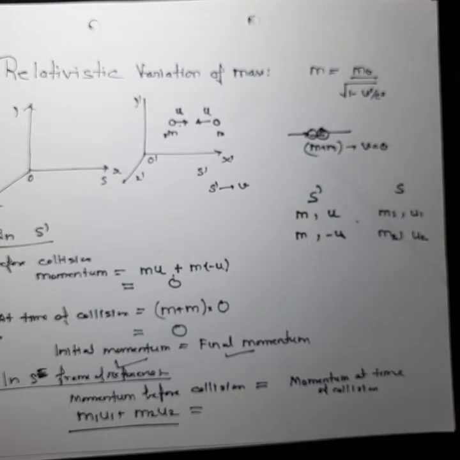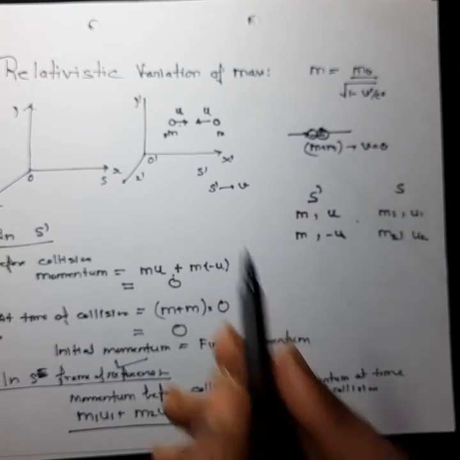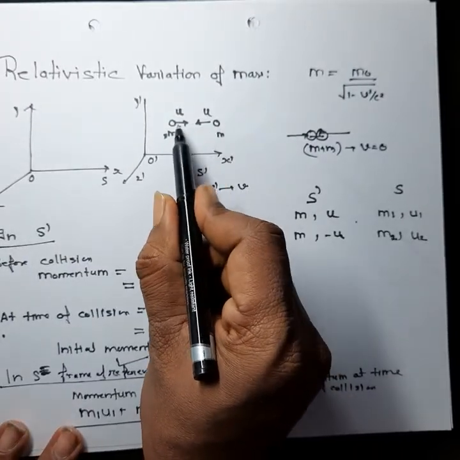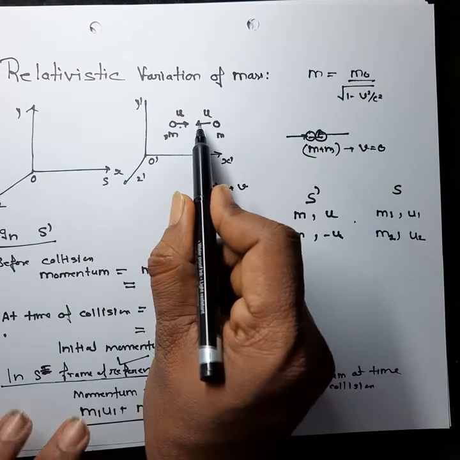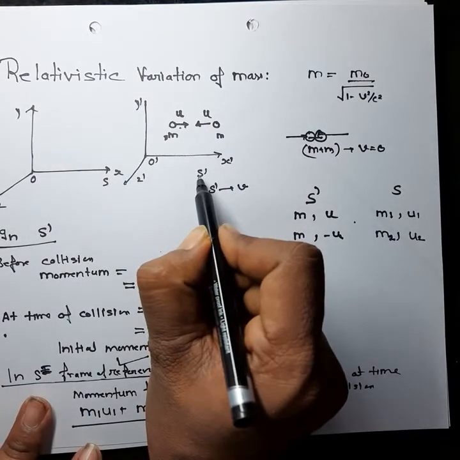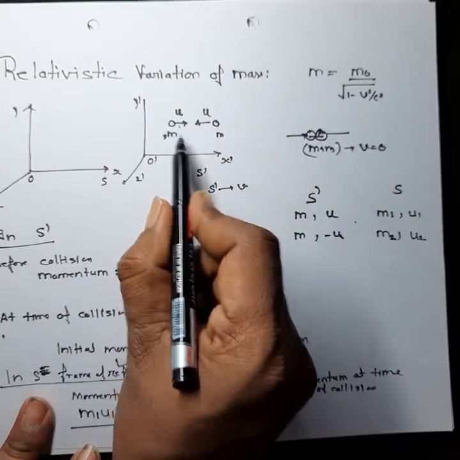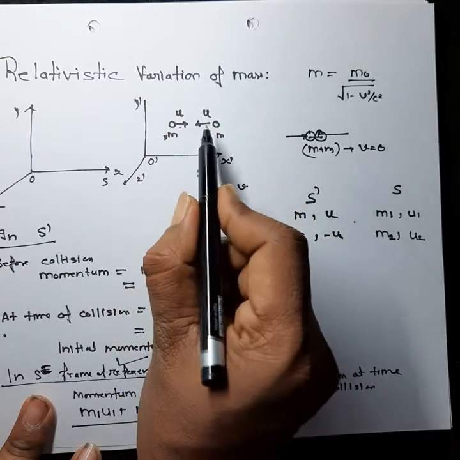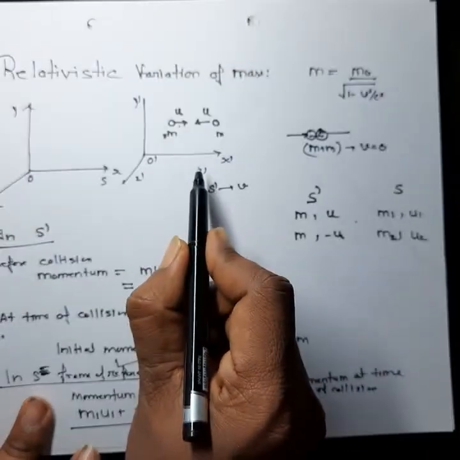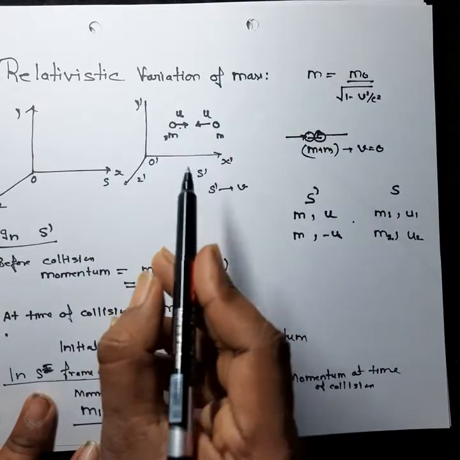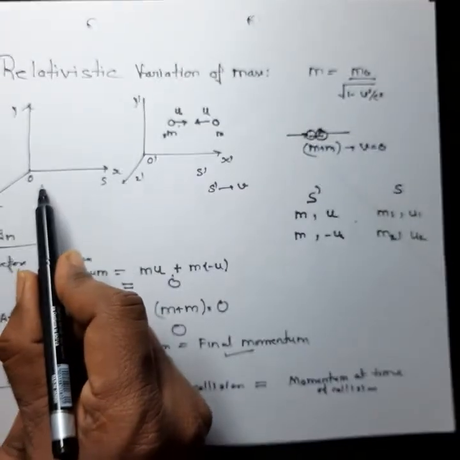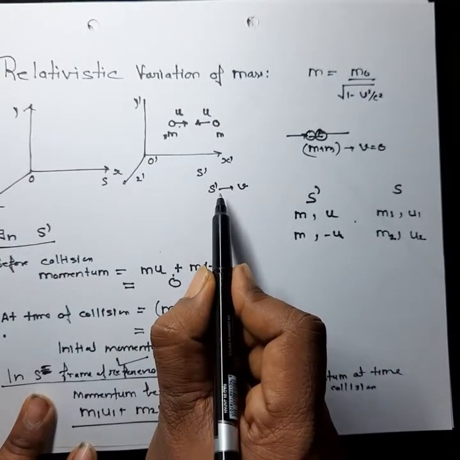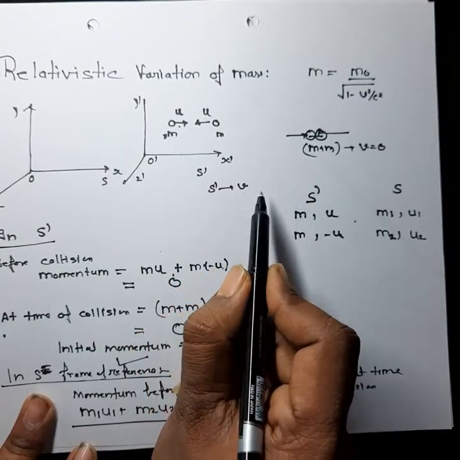Now what happens at the time of collision? At the time of collision, these two bodies were at rest in the S dash frame of reference. But anything which is at rest in the S dash frame will be in motion for the observer of the S frame, because S dash is already moving with velocity v.